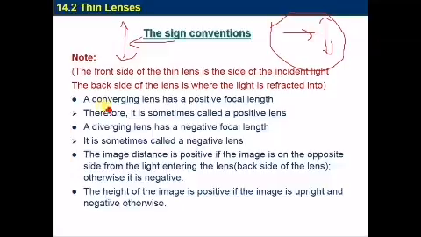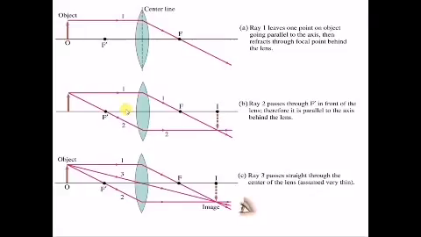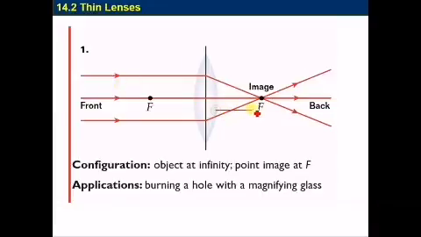A converging lens has a positive focal length. A converging lens, girls, we talked about it before, this one. The focal length is from the optical center to the focal point. This is the focal length, and it's always positive. So whatever you have on this side, the distances here are positive, girls, because this is the real path of light.